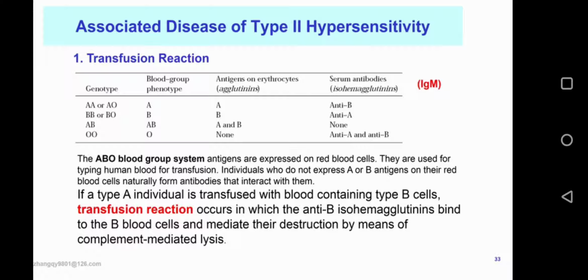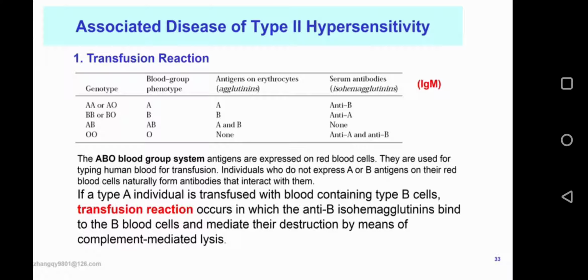No antigen, no antibody. Yeah, but my question is why do they have anti-B? Where is the B antigen? Anti-B. Yeah.